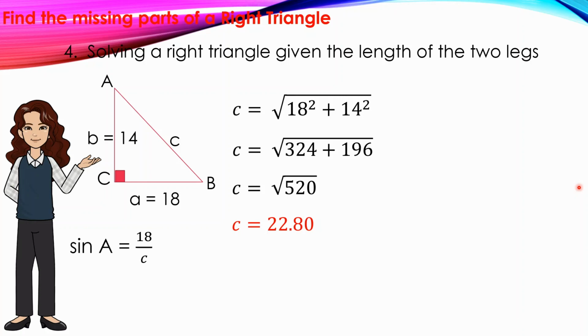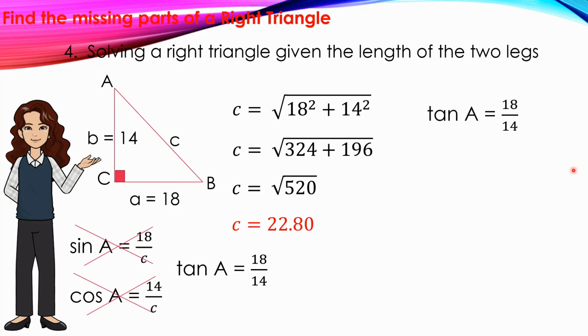So let us get the three trigonometric ratios. So we have sine A is equal to 18 over C. Then cosine A is equal to 14 over C. And tangent A is equal to 18 over 14. So we cannot use sine A and cosine A because it's only one given.